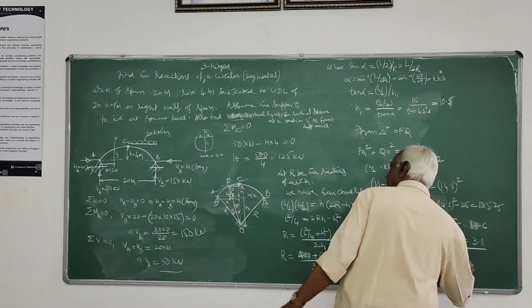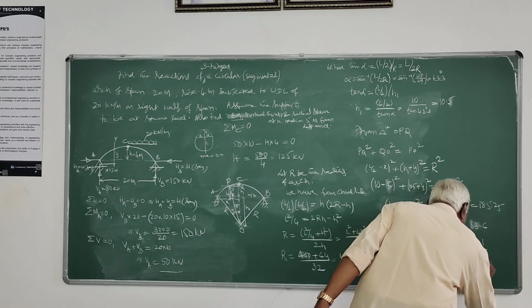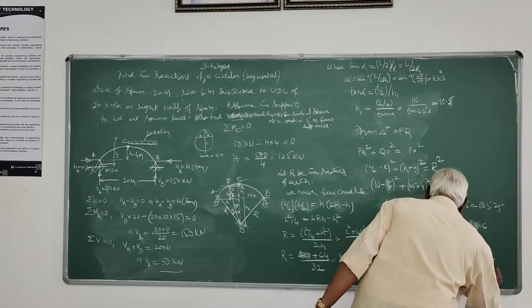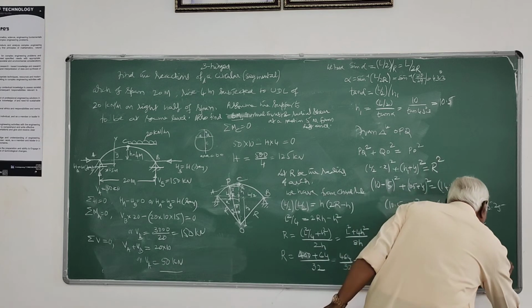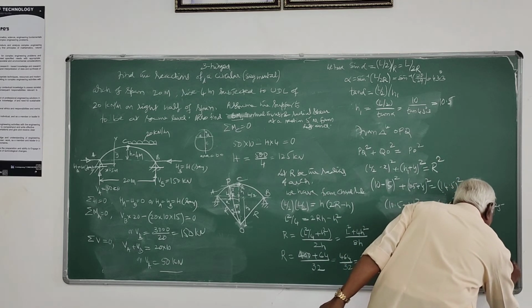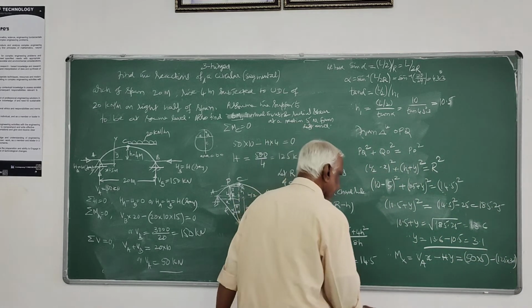So Va you have already determined, that is 50, x is 5, minus H is 125, y is 3.1. So you have found out the bending moment.